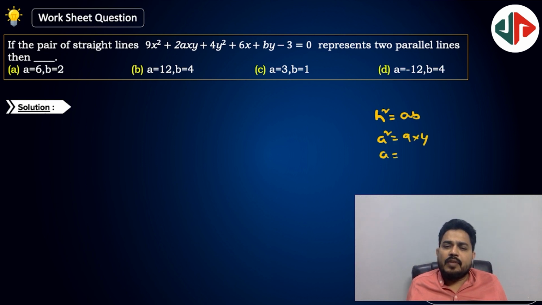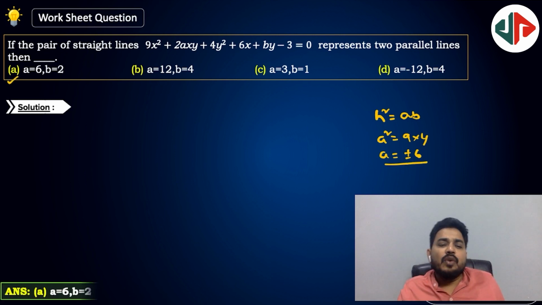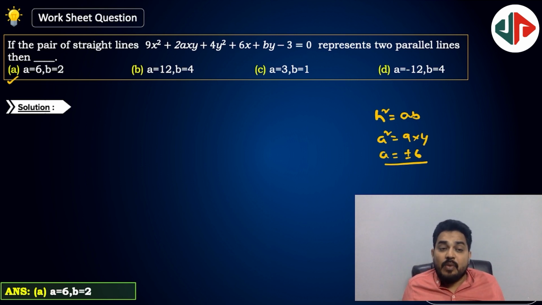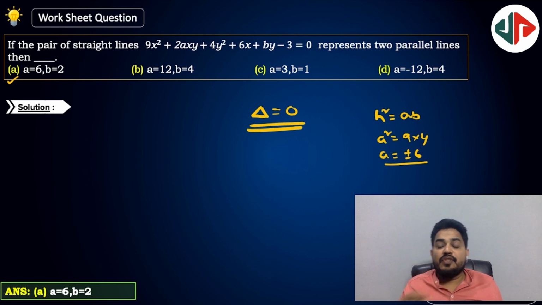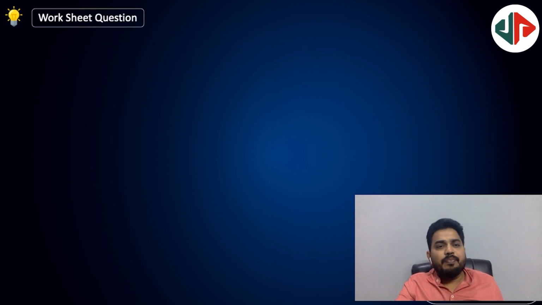A is equal to plus or minus 6. But A is equal to 6, only one option is there, I'll go ahead with this. But actually what happened, if A is equal to 6 and B is somewhere is given, then you need to go and check that delta is equal to 0. What is delta? ABC plus 2FGH minus AF square minus BG square minus CH square is equal to 0.